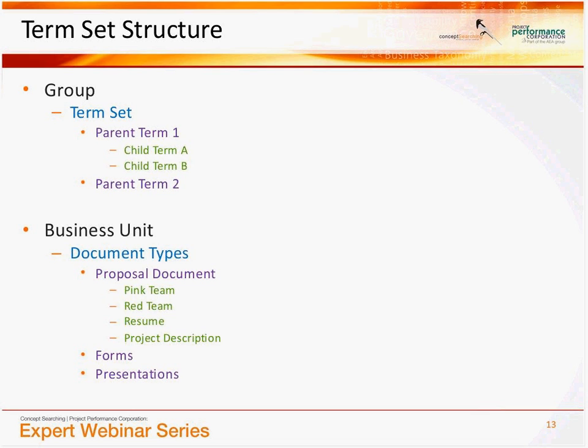It's primarily done in this tree hierarchy, listing group and then term set, and then finally the parent terms and then child terms, repeating from parent term to child term. Within this, we just have a two-level taxonomy, but there could easily be grandchild terms, and it can go to great-grandchild terms below that. However much detail you're looking to capture with your term set will determine the depth you go to.